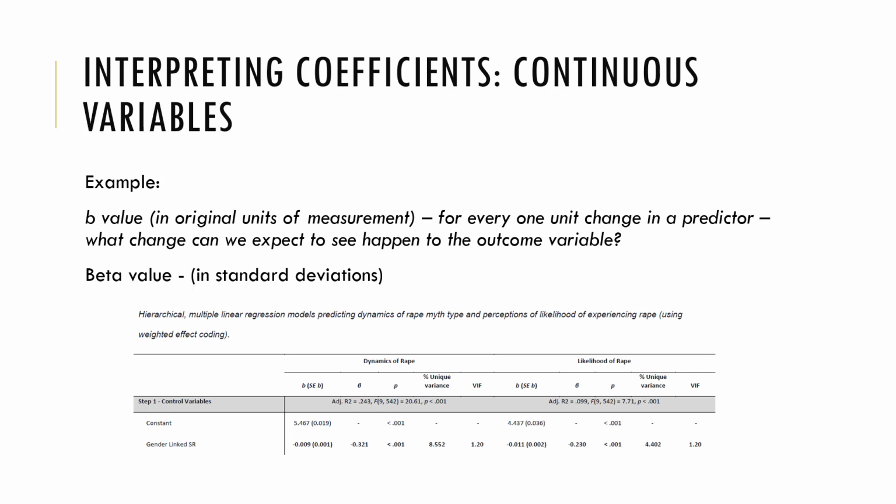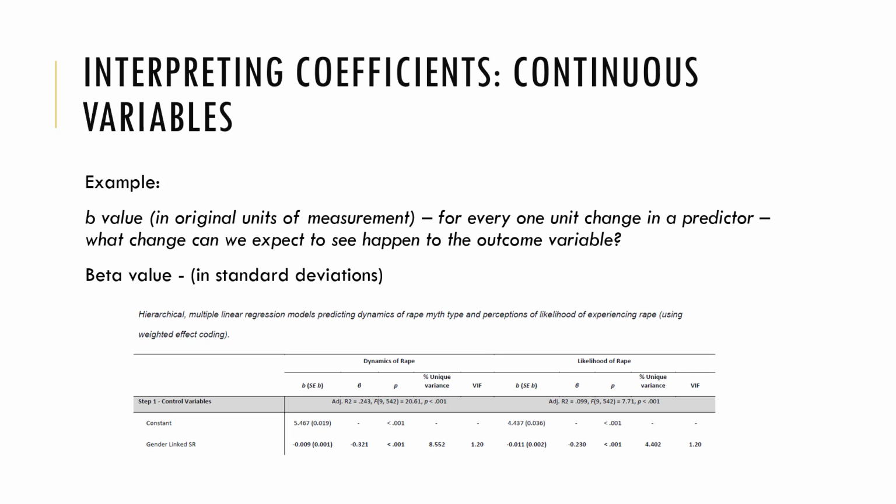So if we have a look at this example here, we look at the first predictor in the model, which is gender-linked social roles, and we've got a b-value there of minus 0.009. Okay, so what does that mean? That's in the original units of measurement.